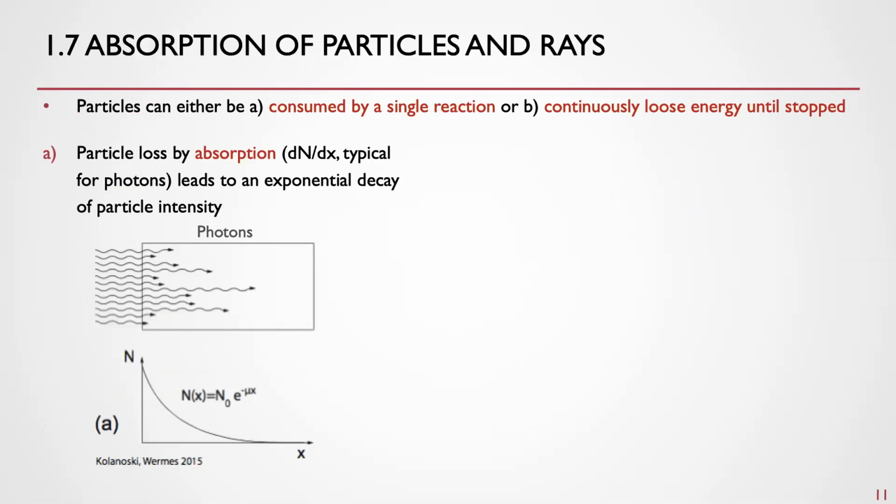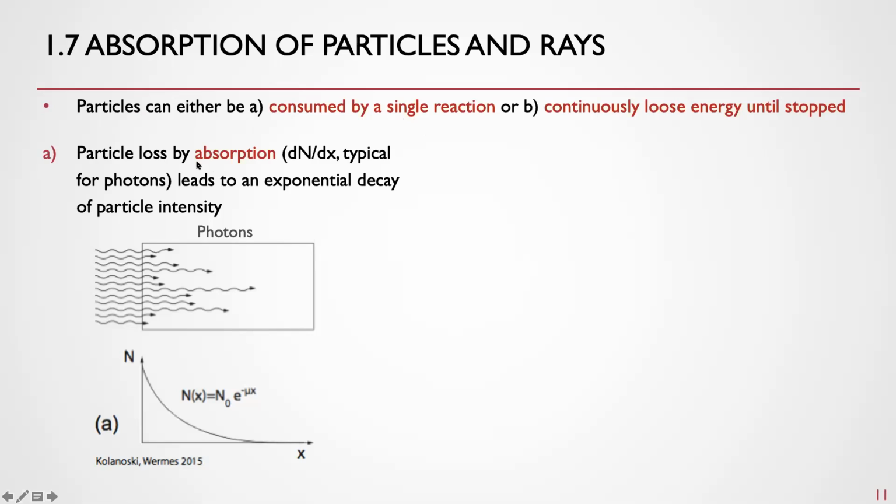Now, there are two principal ways a particle can interact with matter. First, it can be consumed by a single reaction. That is the case, for example, for the Compton effect of photons.